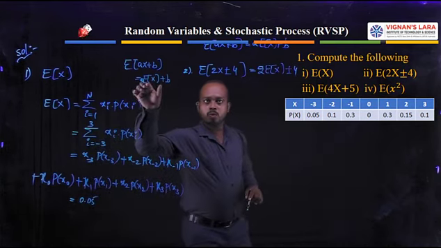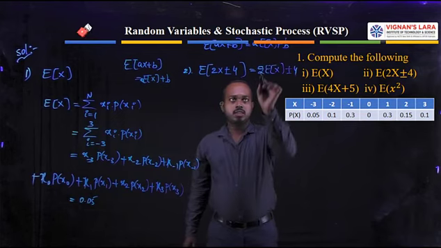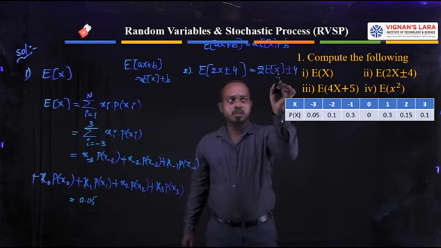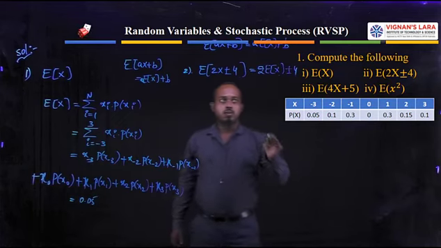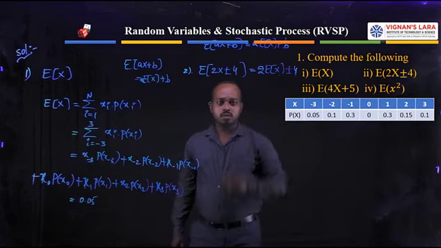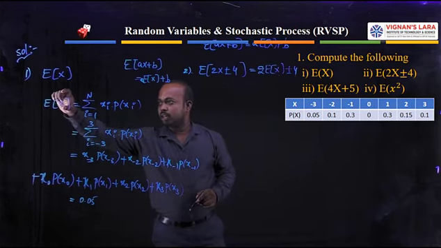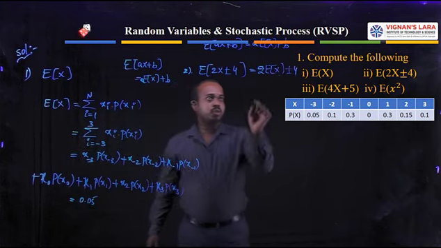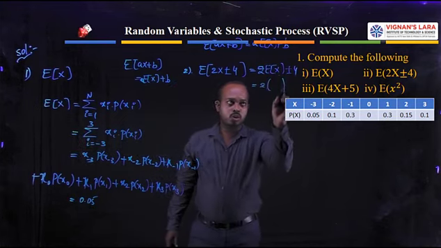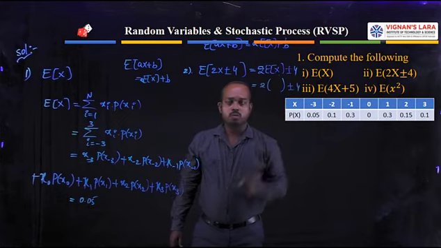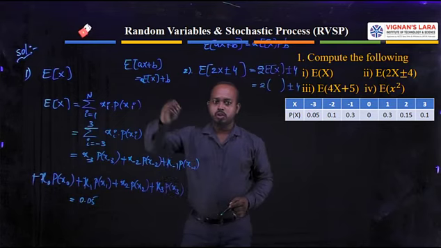By using this property, we are able to simplify this quantity. That is 2 into expectation of x plus or minus 4. Here, we need the value of expectation of x. In the previous section, we already found the expectation of x quantity. Just substitute that quantity in this one, multiply with the expectation of x quantity, plus or minus 4. Here we are able to get the values in this point 2.